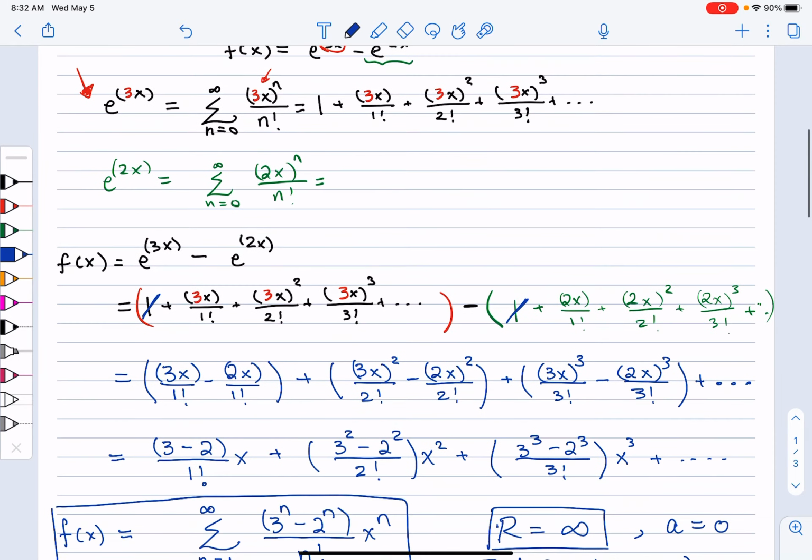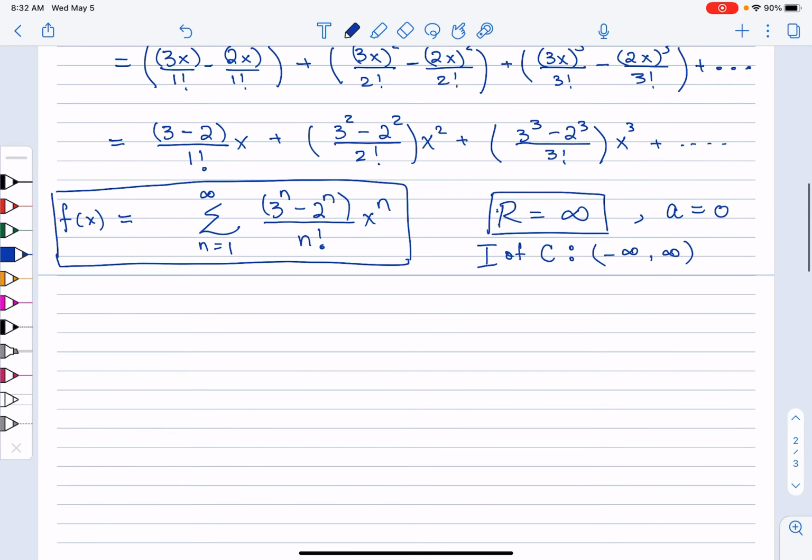I want to do this one more time. We're going to say that f of x is equal to e to the 3x minus e to the 2x.